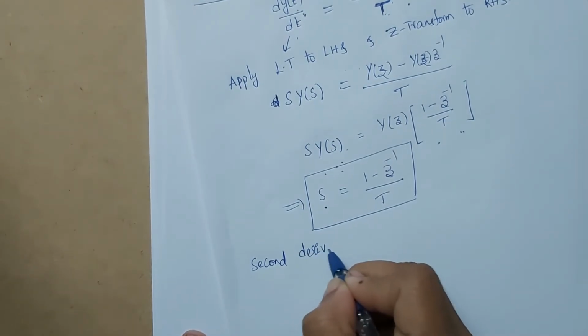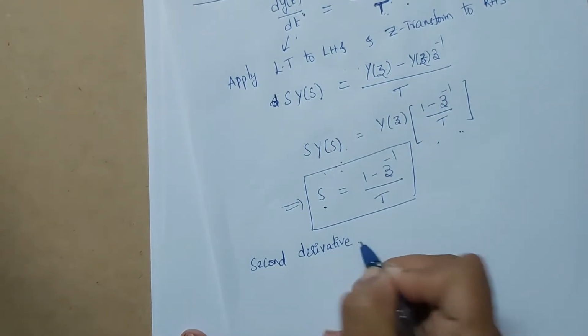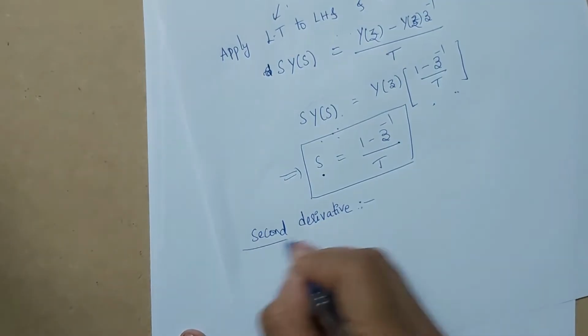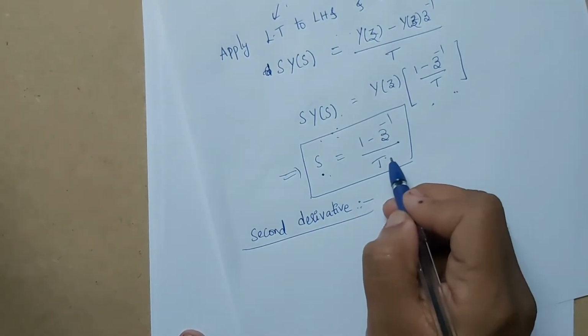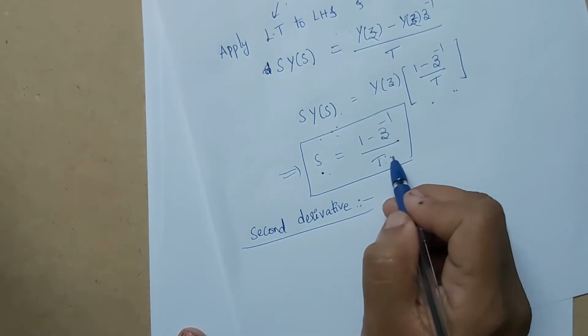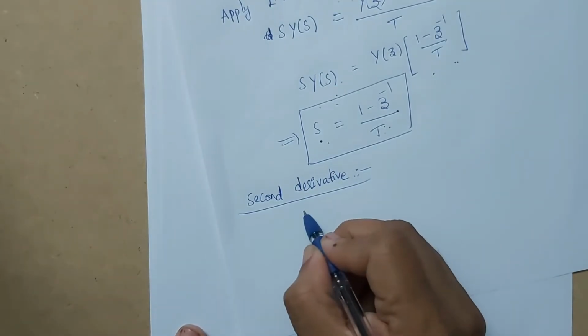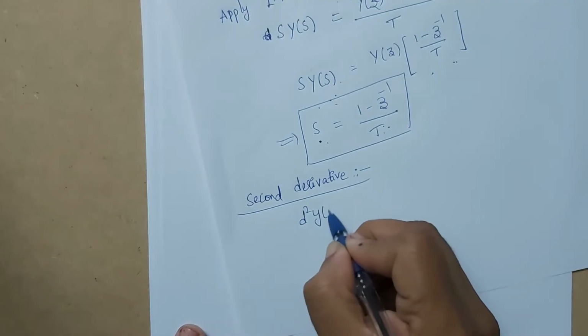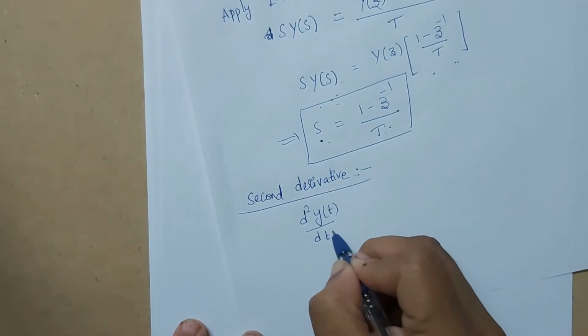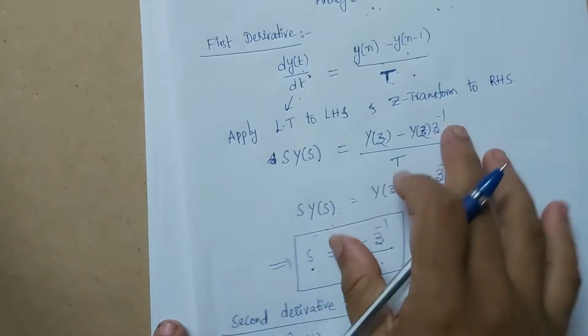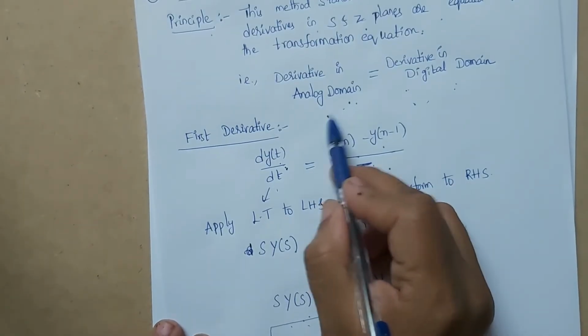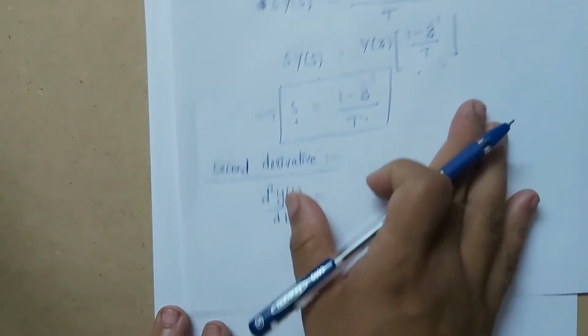So let us consider the second derivative. In the second derivative we will check whether the relationship is going to be like this or whether it is going to change. The second derivative can be written as d square y of t by dt square in the analog domain. This is the principle: the derivative in the analog domain is equal to the derivative in the digital domain.